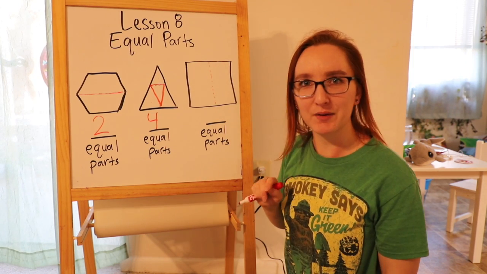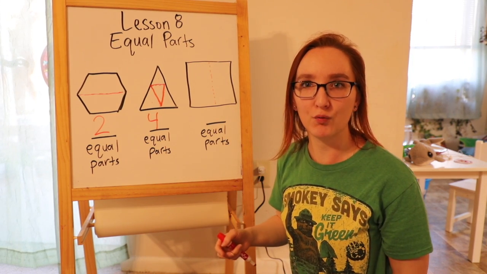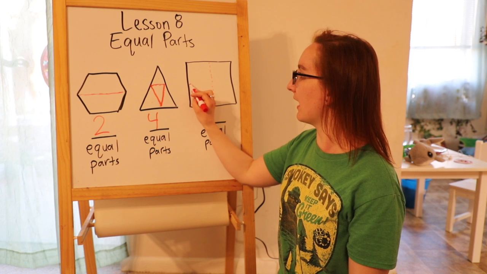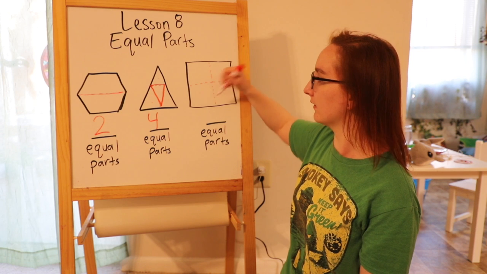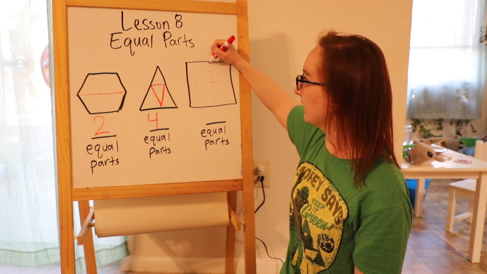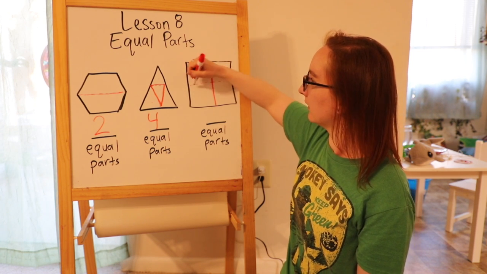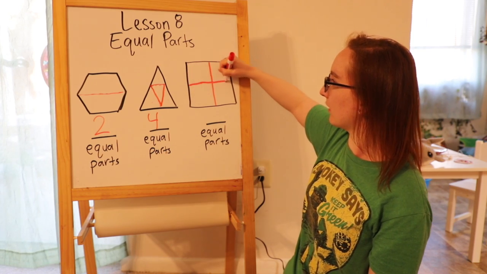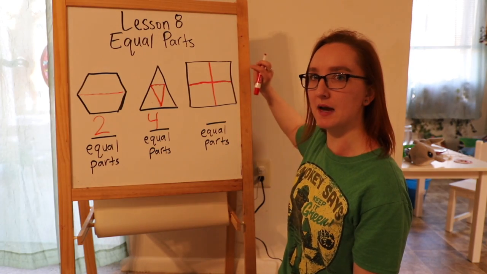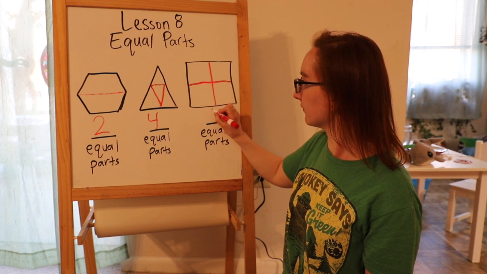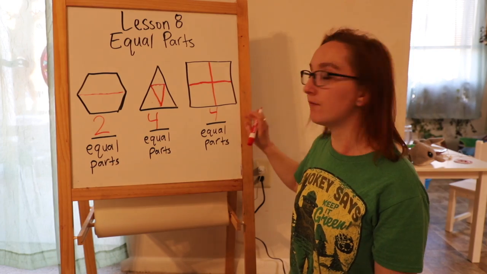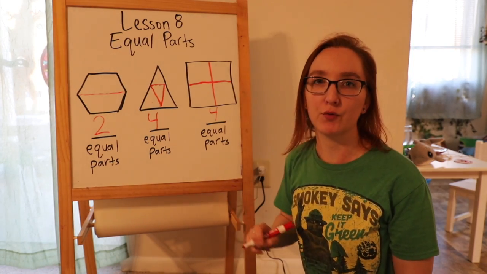And that's not exactly what they're looking for, is it? We're looking for squares. So we're going to cut it in half again, and that will give us some squares. So let's trace those lines and see how many squares it takes to make one big square. 1, 2, 3, 4. So we're going to have 4 equal squares.